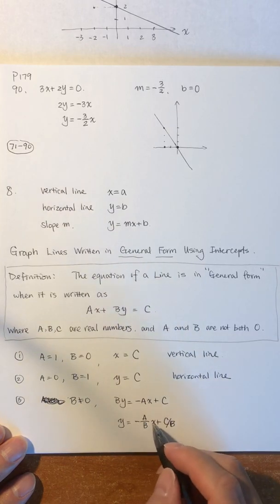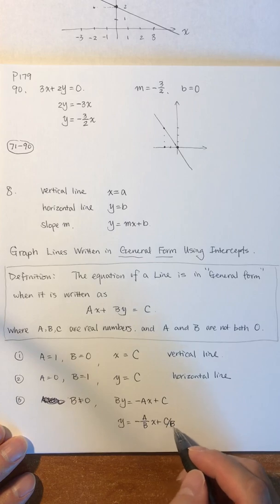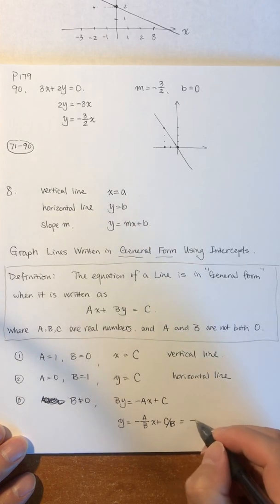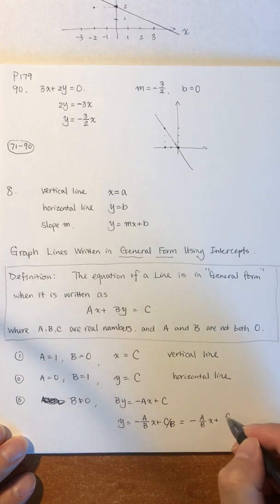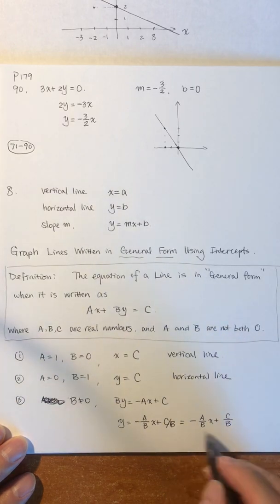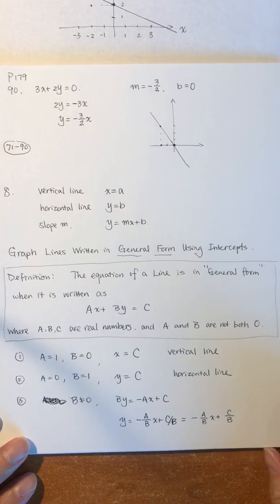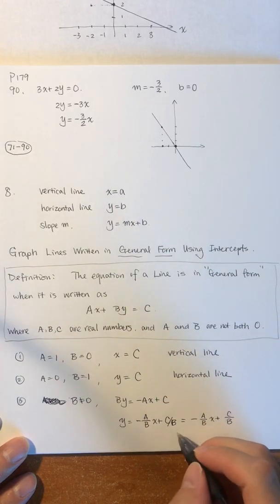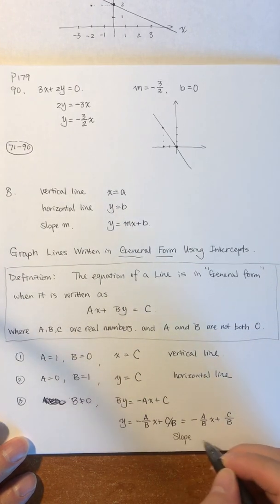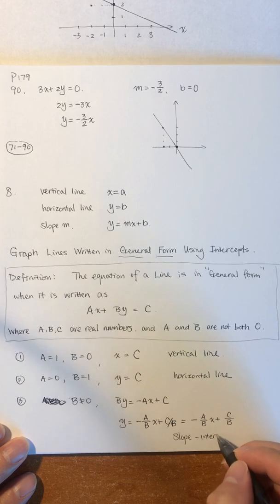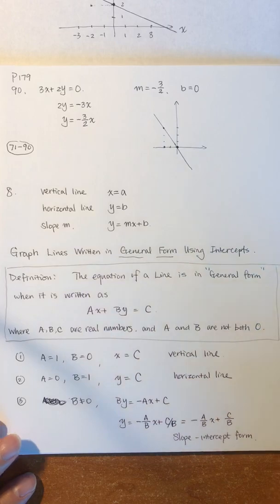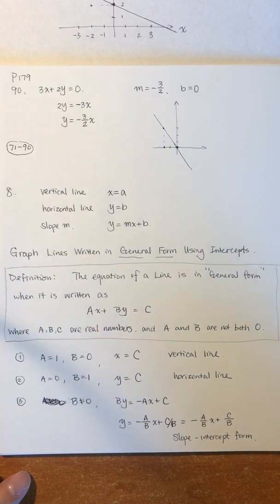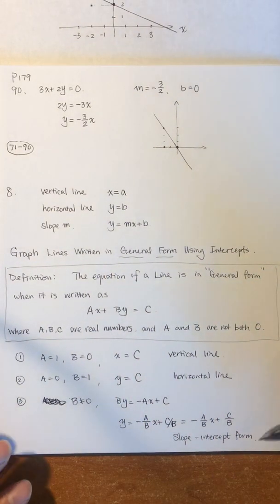This is a slope-intercept form. So that's why we call it the general form.